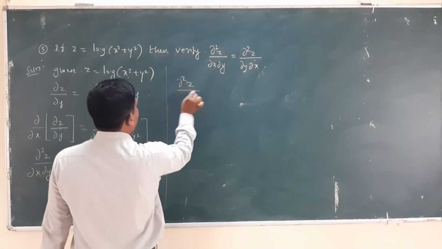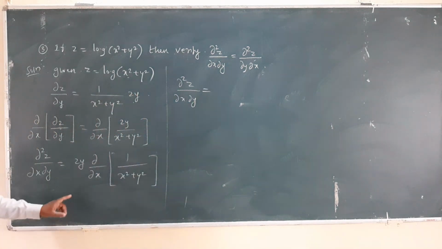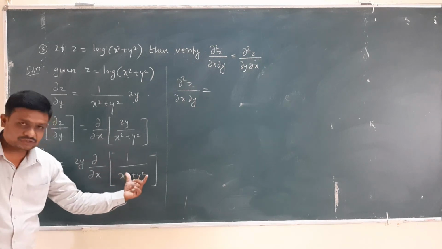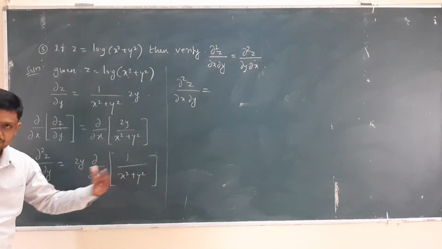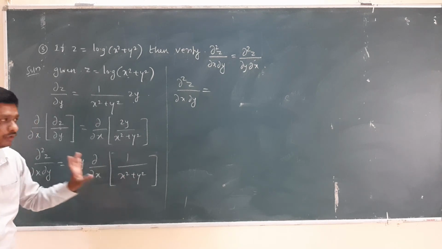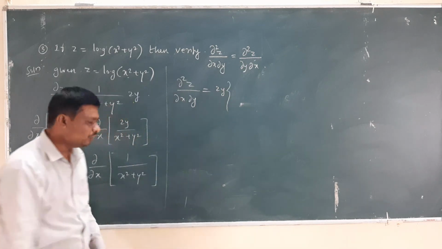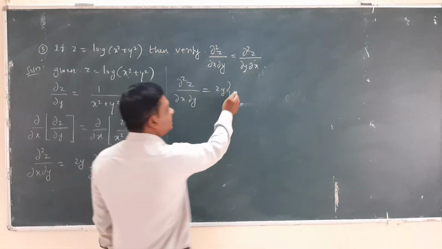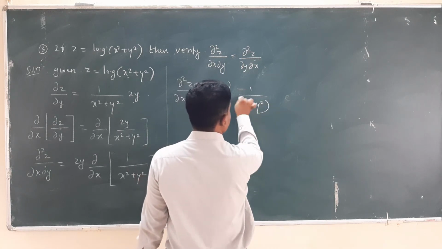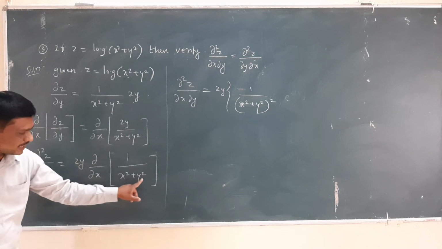So this implies ∂²z/∂x∂y is equal to, now we have to differentiate this 1 upon (x² + y²) with respect to x, taking y as constant. So it is in the form of 1 upon x. First I will write this 2y as it is. The derivative of 1 upon x is minus 1 upon x², then the derivative of x² + y² is 2x, since y² is constant.